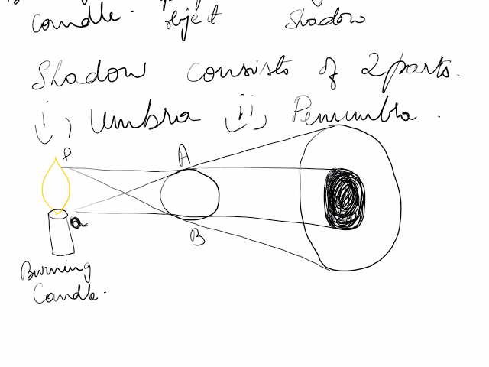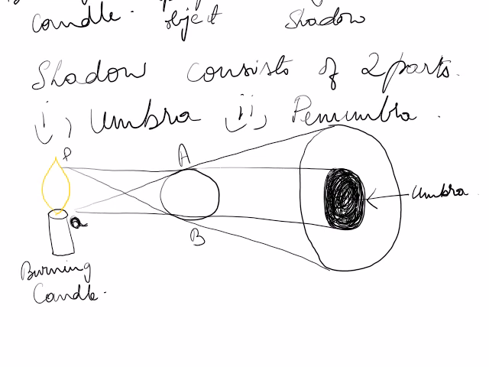So this central dark portion of the shadow, where no light reaches from the light source because of the opaque object in its path, is called umbra. Okay.